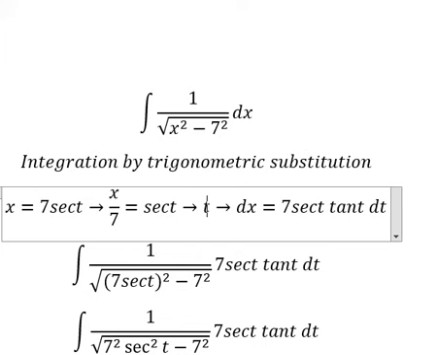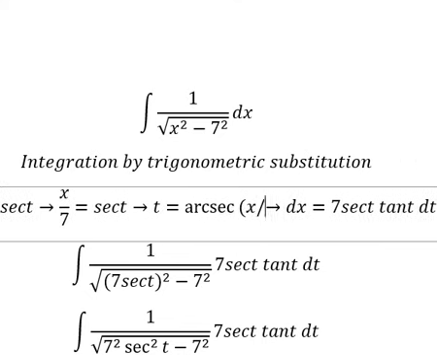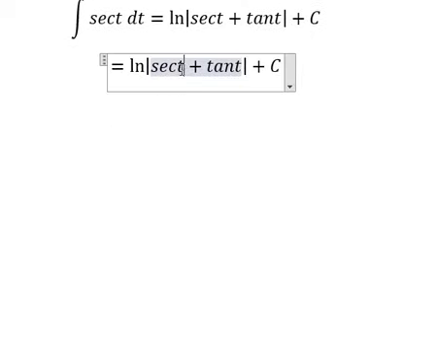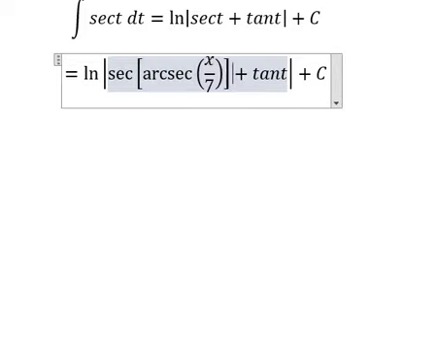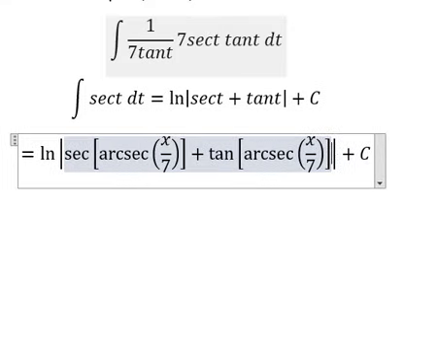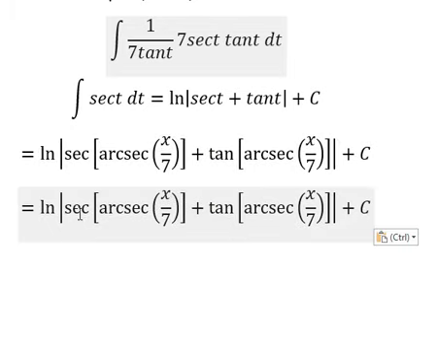And we get t equal to arcsecant of s over 7. So I will put this one to change for t. So we have secant with arcsecant, you get this one.